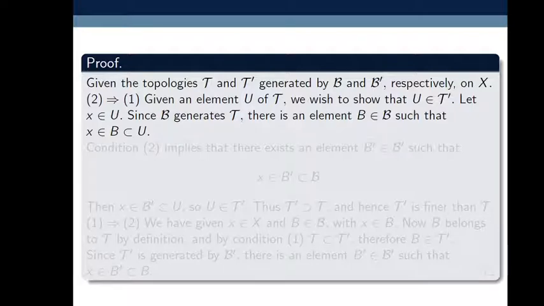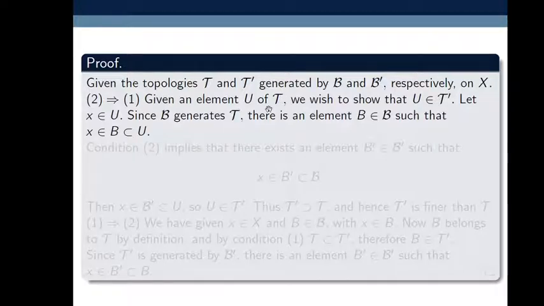In statement 2, we assume, given, let u belong to tau, an element of topology tau which is generated by script b. As tau is generated by script b, u is also an open set.